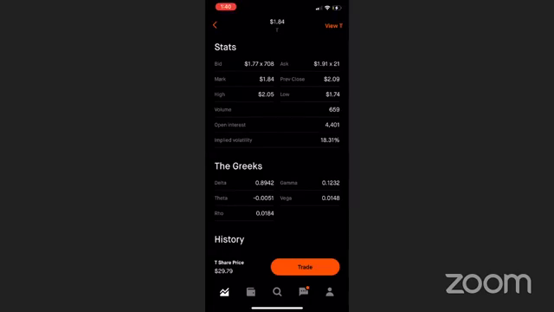Then you got gamma. Gamma works in conjunction with delta after the second $1 move up or down. So if it goes up by $2 and now AT&T goes from $29.79 to $31.79, then that first $1 move would be just the delta. The premium goes about 89 cents. But that second move will be delta plus the gamma.